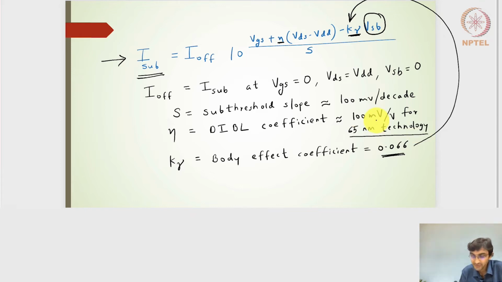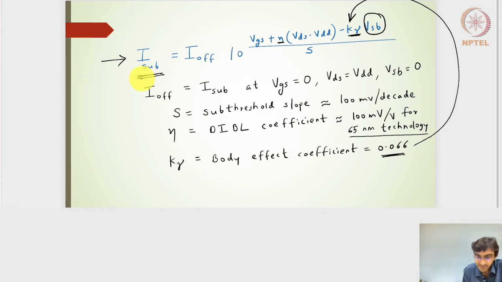What it means is, if I change the VDS value by 1 volt, I will have a drain induced barrier lowering. So the channel is likely to be reduced. The reduced channel has an effect on both the currents, the dynamic current as well as the static or subthreshold leakage current.